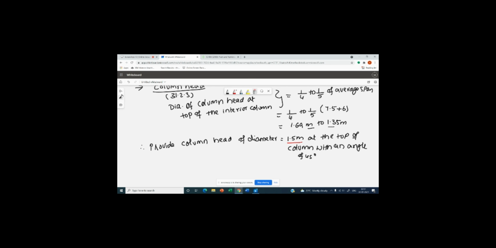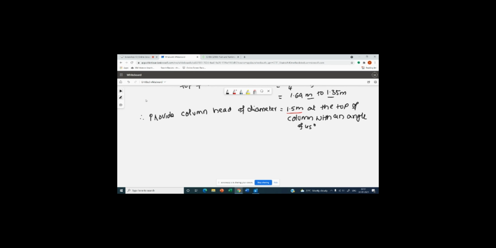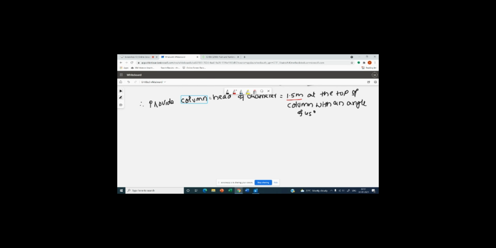We can just show it in a figure like this. This is the top of the slab. After some time, this thickness is whatever we get according to the design. Then there is a drop.